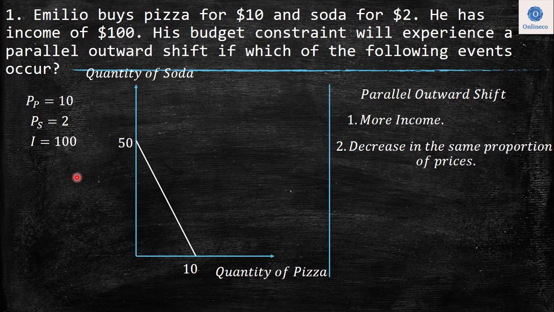The second situation could be a decrease in prices in the same proportion. If that is the case, you can think, between quotation marks, that you are richer, because you have larger quantities available with the same income. So the slope remains the same and the curve shifts outward in parallel.